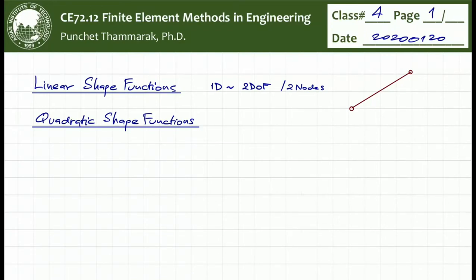So one nodal point may contain 6 degrees of freedom. That depends on what kind of element we are formulating, and different element types contain different sets of displacement degrees of freedom. But we look into the 1D bar problem first, just a very simple one.